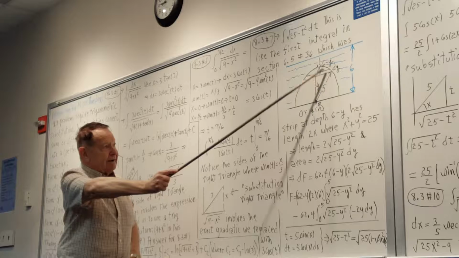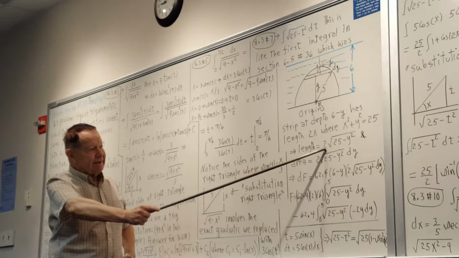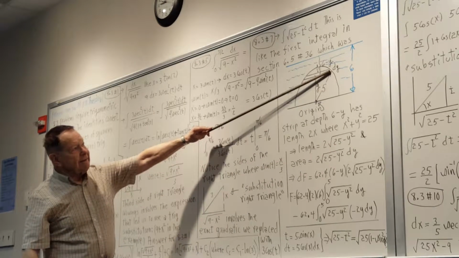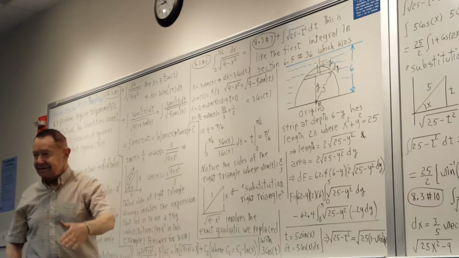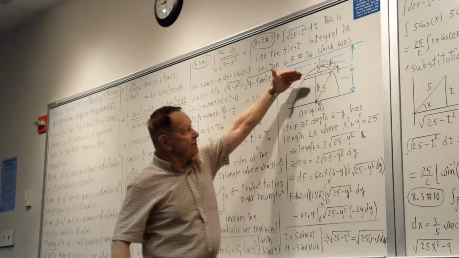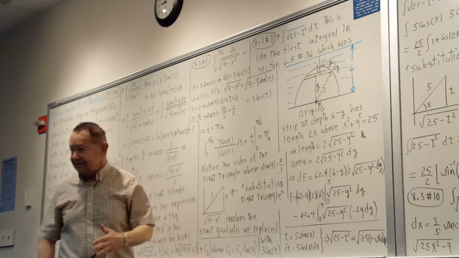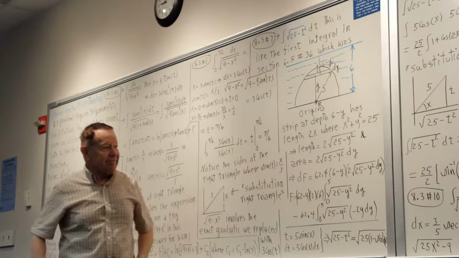That's there to there, and it's the same going to the left. So the length of your slice is 2 square root, and that times dy is the area, and then density times depth times that area is your force against this. So we had this a couple weeks ago when we were doing that problem.